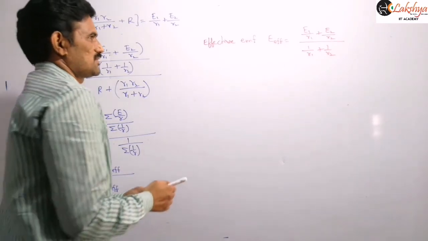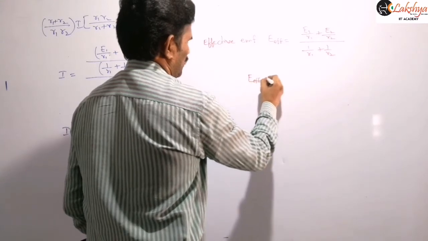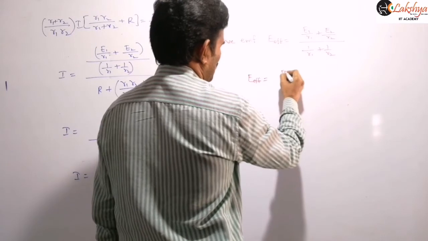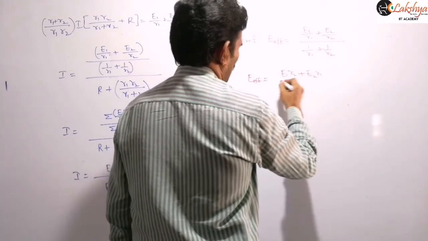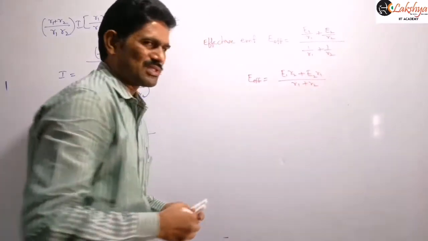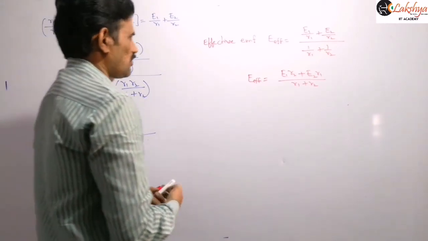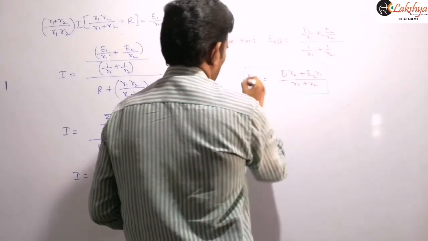Now we can simplify this by taking the LCM: E1 R2 plus E2 R1 by R1 plus R2. That means when two different cells are in parallel, we can use this formula to find the effective EMF, right?